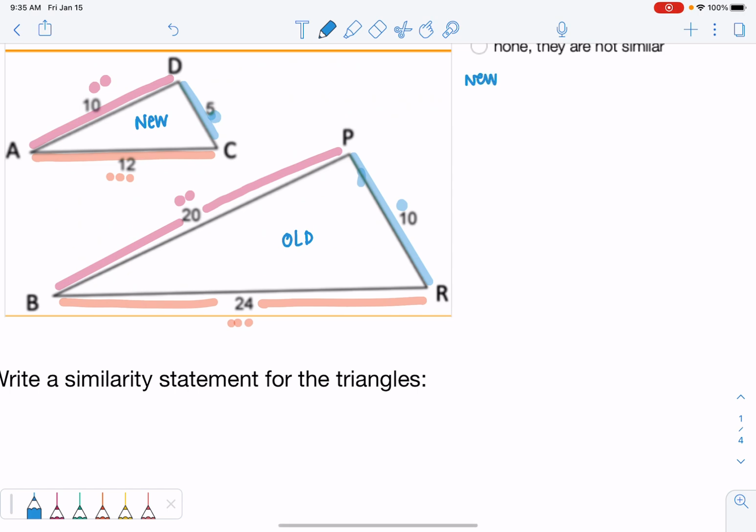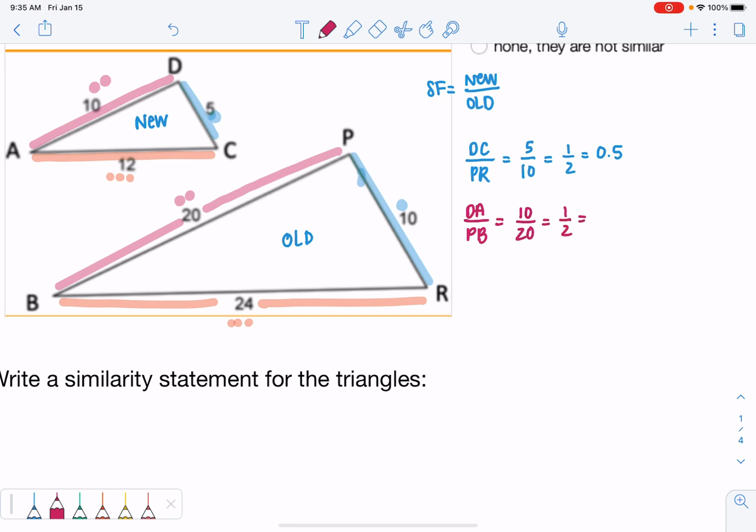Now we will check our scale factor. Remember, scale factor equals new over old. So we can check DC over PR, 5 over 10, which equals 1/2 or 0.5. We can check DA over PB, which equals 10 over 20, which also equals 1/2 or 0.5.